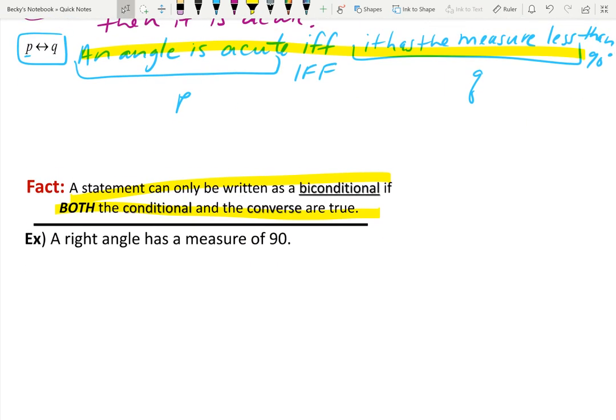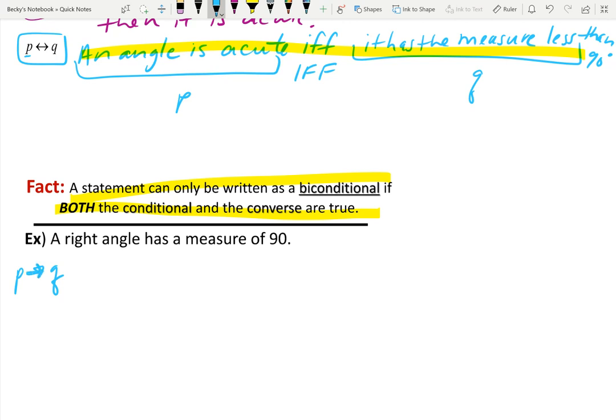Okay, so what we're going to do now is first see if this is in conditional form. And right away you should know, because I see that it doesn't really start with the word if, and there's not a then. So the first step is to write it in conditional form.